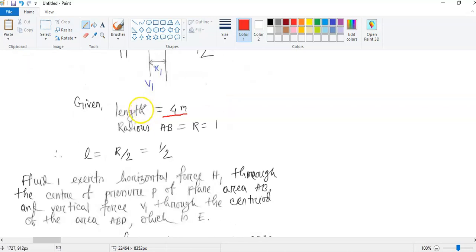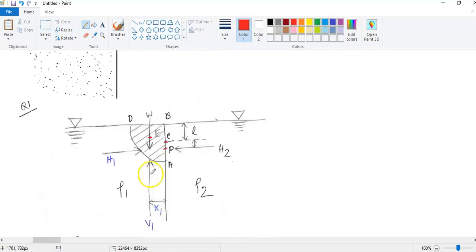So what I write here is, you see fluid 1, the first fluid on the left-hand side, whose density is rho1. Fluid 1 exerts a horizontal force H1 through the center of pressure. It will always act through the center of pressure of the plane area AB.